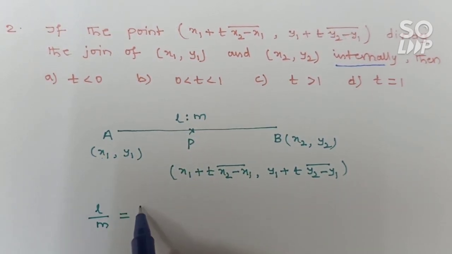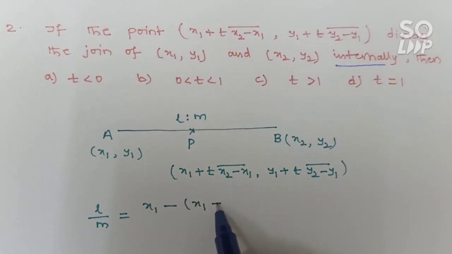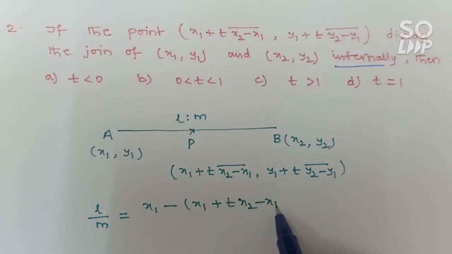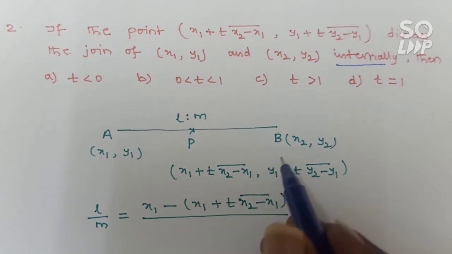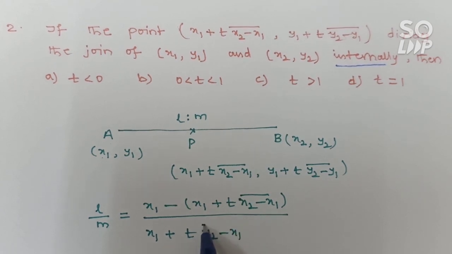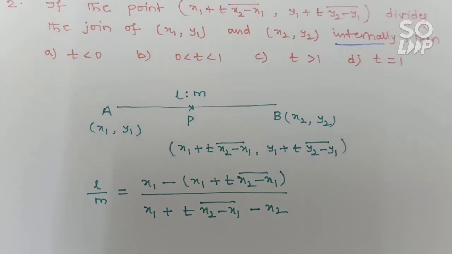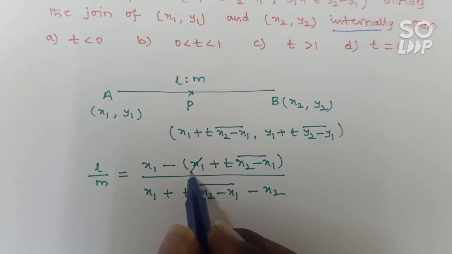That means x1 minus the value of x, which is x1 plus t into x2 minus x1, whole divided by x minus x2, that is x1 plus t into x2 minus x1 minus x2. Now by simplifying the numerator and denominator, x1 and x1 will be cancelled.